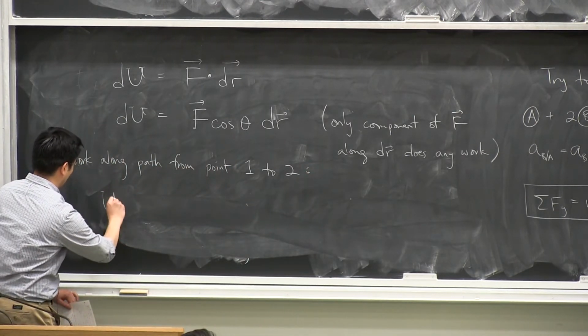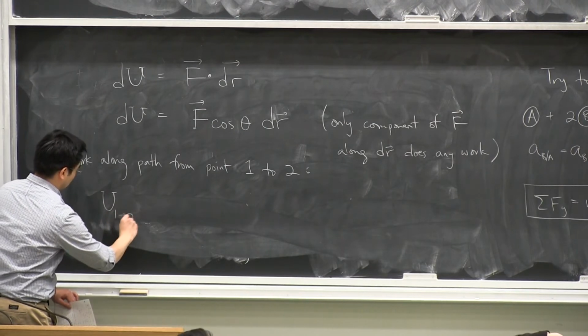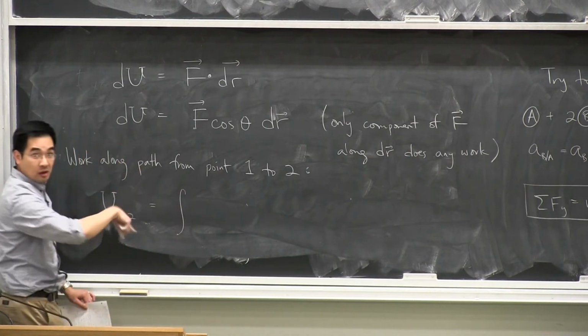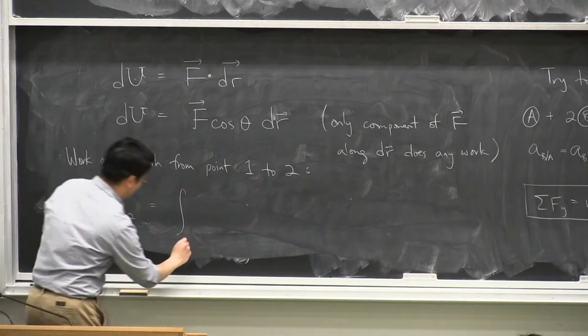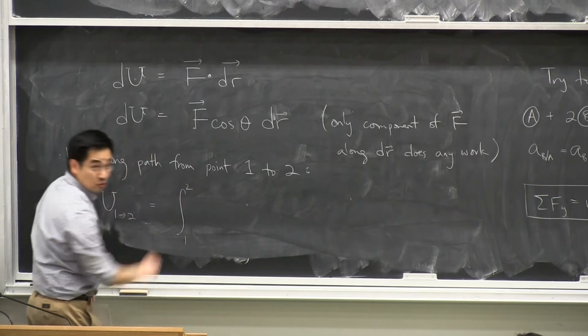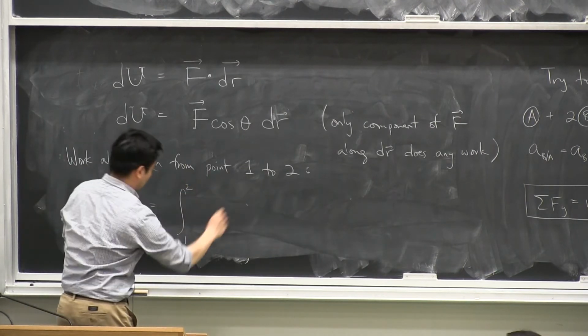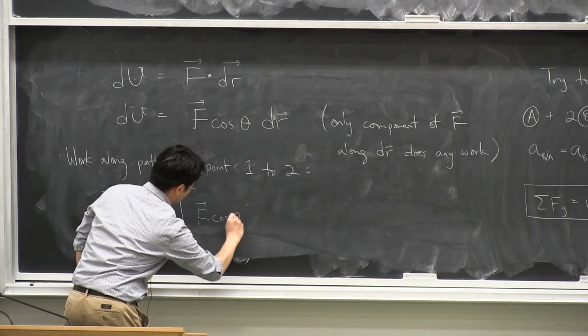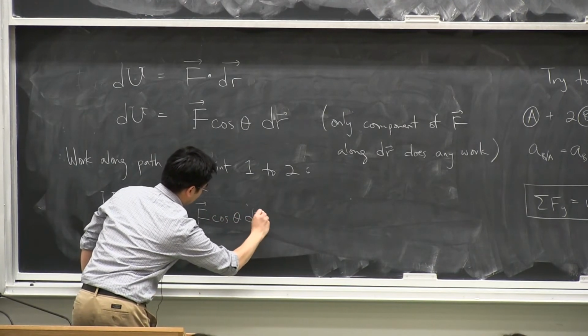So this would be work from 1 to 2 is equal to you marching along the entire length of the path from position 1 to position 2, and then adding all of these together. So it would be the integral of F cosine theta dr.